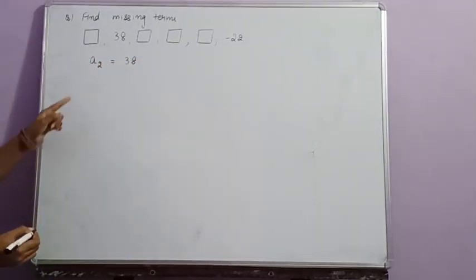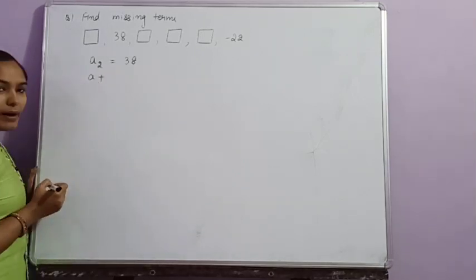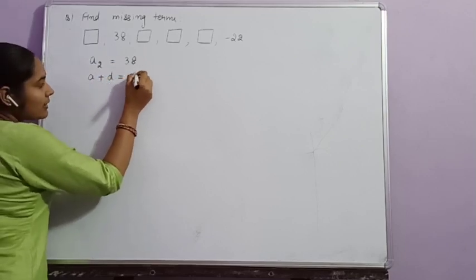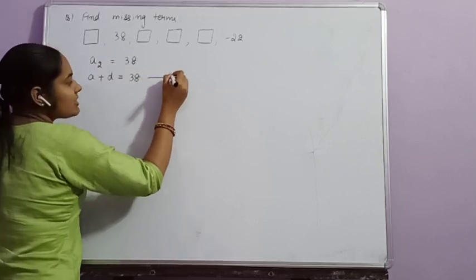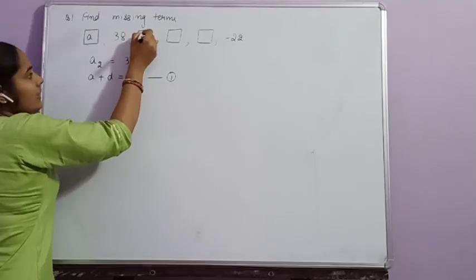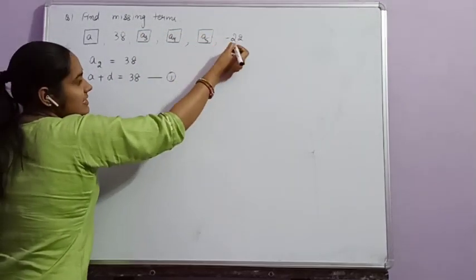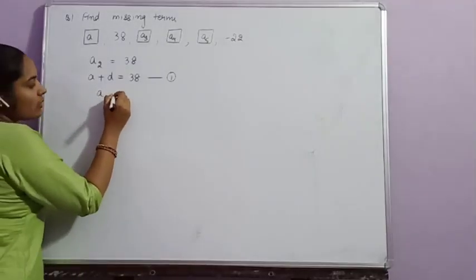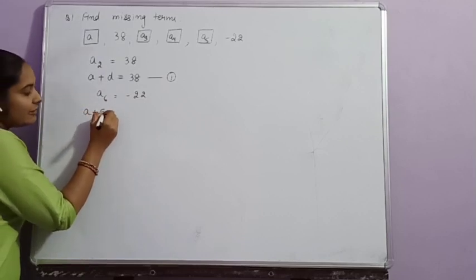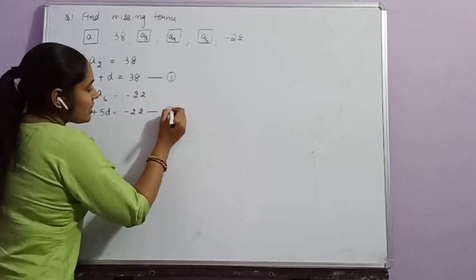We know that an can be written as a plus n minus 1, that is 2 minus 1, into d. So a plus d is equal to 38. Clear? That is the first equation. Similarly, a6 is given to us. A6 is equal to minus 22. We can write it as a plus 5d, that is equal to minus 22. That will be the second equation.